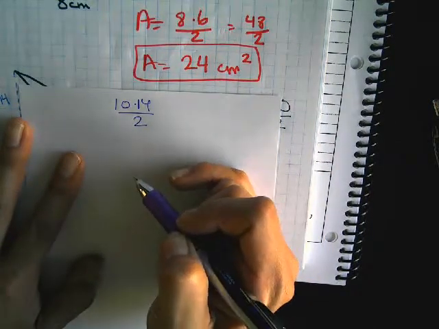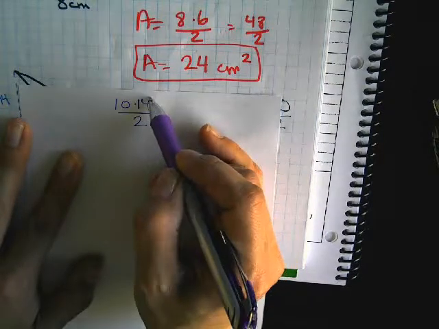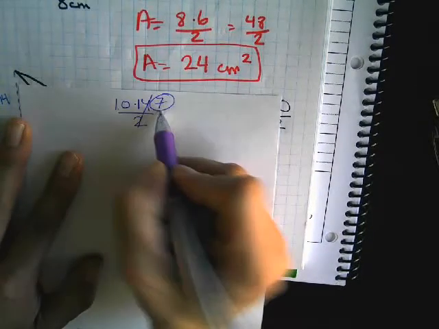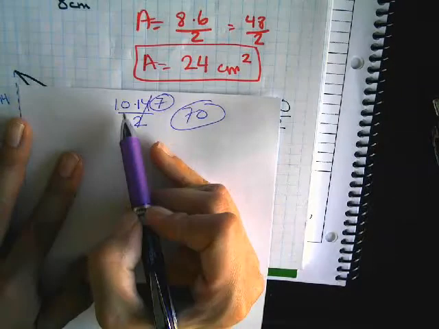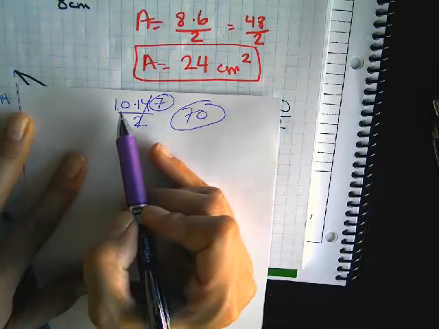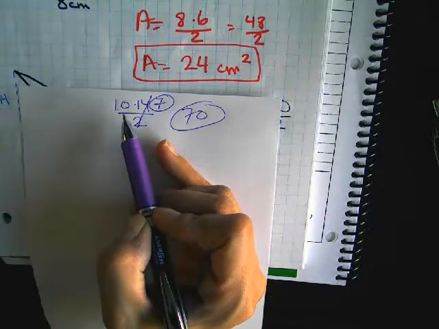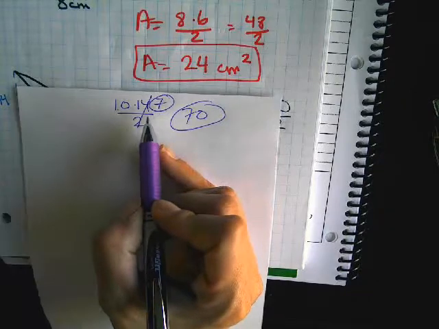Which one do you want to divide by 2? I would do 14. That gives you 7. So what's 10 times 7? You're done. This is the reason why I didn't want you to do 10, because then you would have 5, and you would not have known what 5 times 14 is. But 10 times 7, you know it super quick.